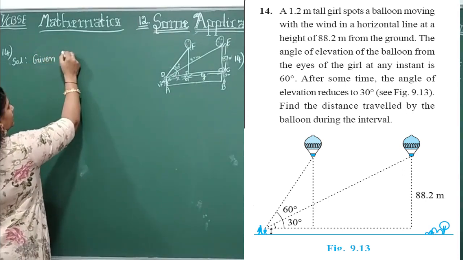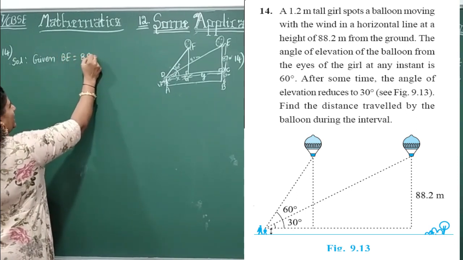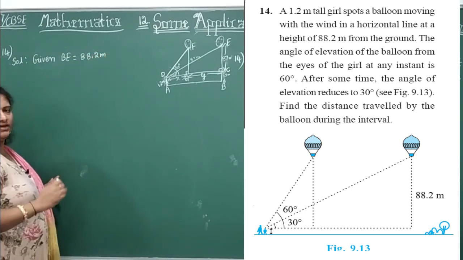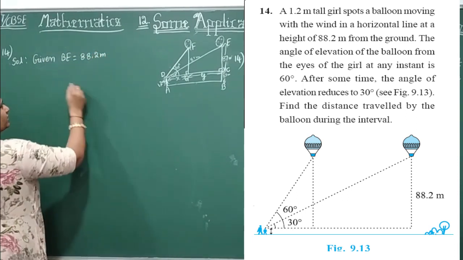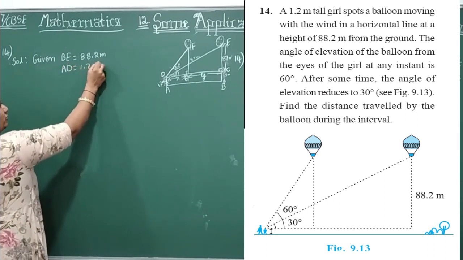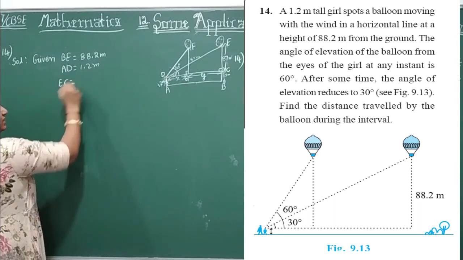Given, BE is equal to 88.2 meters. If we remove the girl's height, what is the girl's height here? AD is equal to 1.2 meters. Now, what is EC, children?